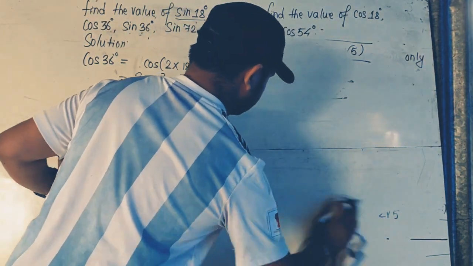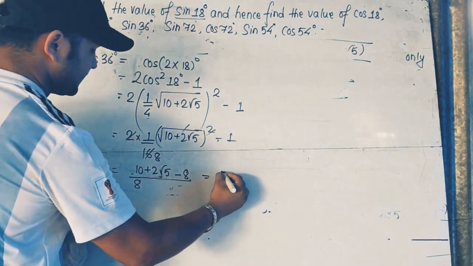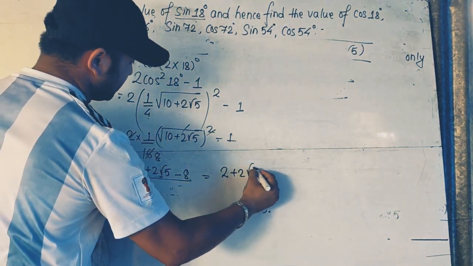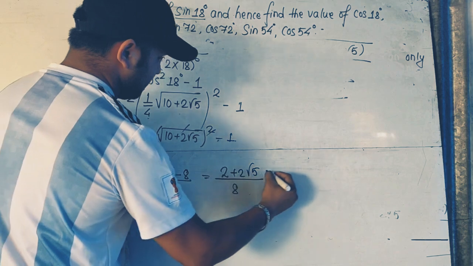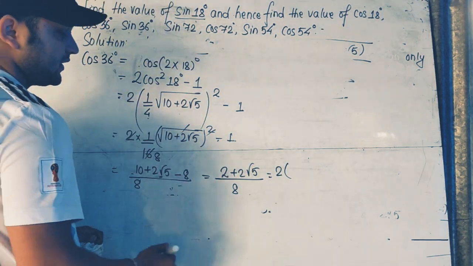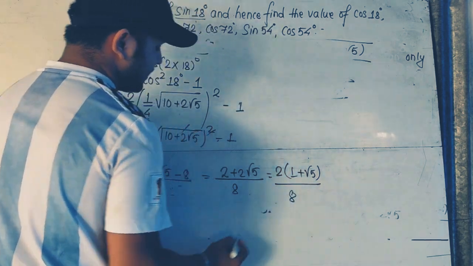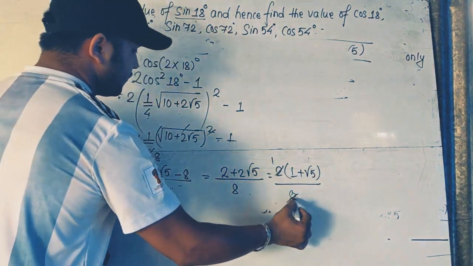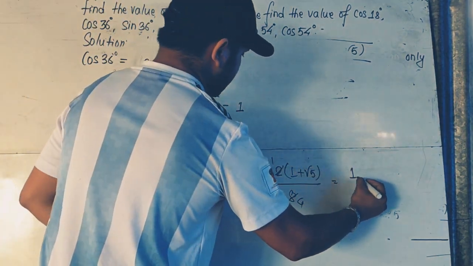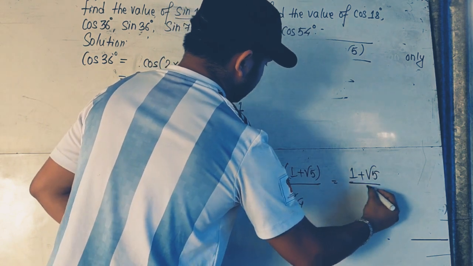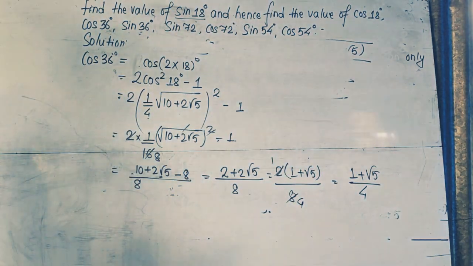So 10 minus 8 gives you 2, plus 2 root under 5, divided by 8. If you take 2 common in the numerator, you will have 1 plus root under 5 divided by 8. Now we can cancel this 2: 2 times 1 is 2, 2 times 4 is 8, and our answer will be (1 plus root under 5) divided by 4. So this is the value of cos 36 degrees.